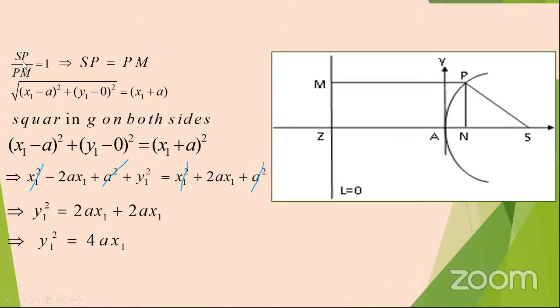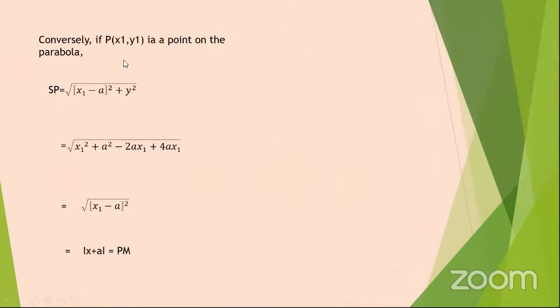When P satisfies the geometric condition SP by PM equal to 1, then P lies on y1 square is equal to 4ax1. Now conversely, if P(x1, y1) is a point on the parabola, let us see what is SP. SP is the distance between S, the focus (a, 0), and the point (x1, y1).